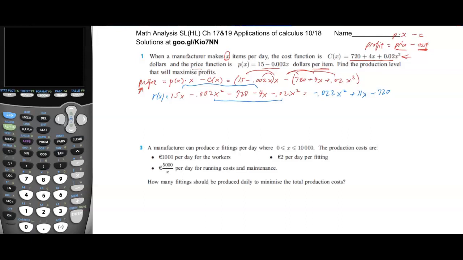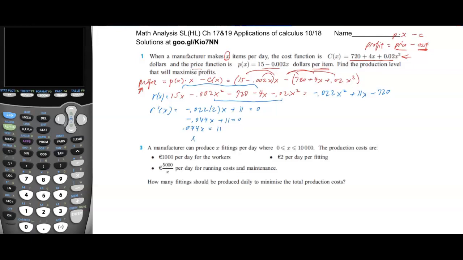In order to find where the maximum point is, since this is the calculus unit, I'm going to take the derivative. It would be negative 0.022 times 2x to the first plus 11, and negative 720 just disappears. I'm going to set that equal to 0 and solve by adding 0.044x to both sides.